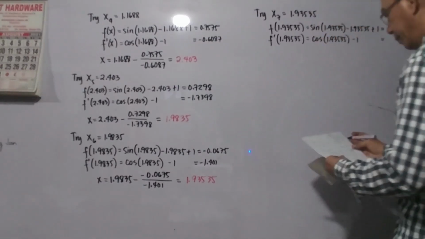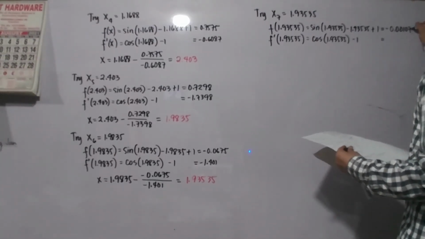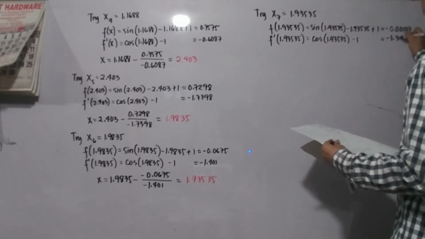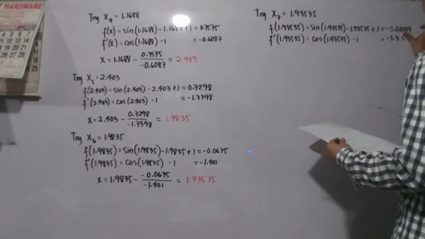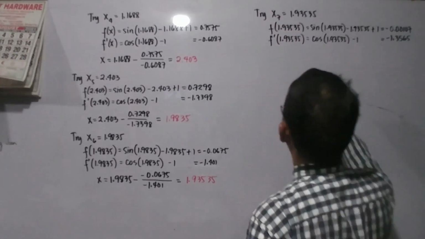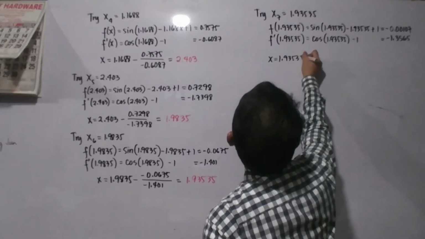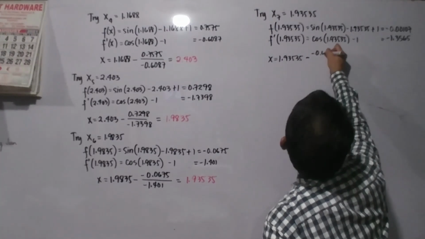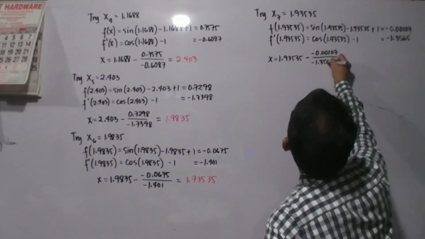So here we have negative 0.00107 and the other one is negative 1.3565. Then substitute again. We have x equals 1.93535 minus negative 0.00107 over negative 1.3565.